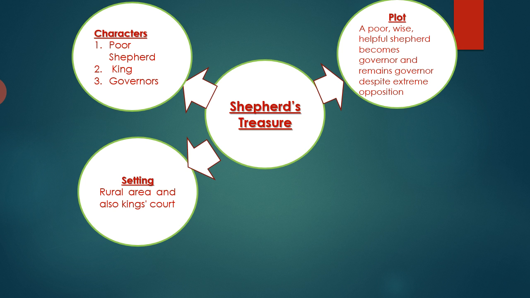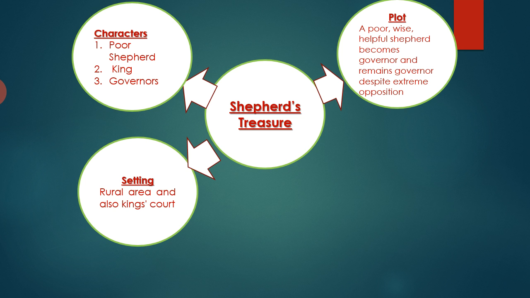He doesn't lose certain good qualities. He keeps these good qualities with him, and because of these good qualities he becomes so popular among the people. And of course, this popularity is not digested by the other governors, and therefore the other governors started to give complaints against this poor shepherd.